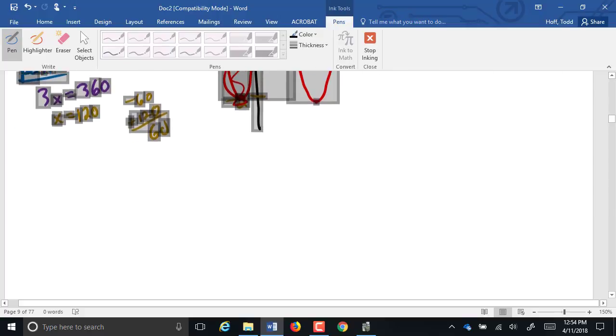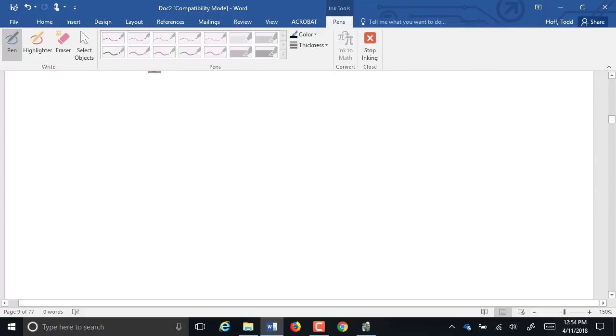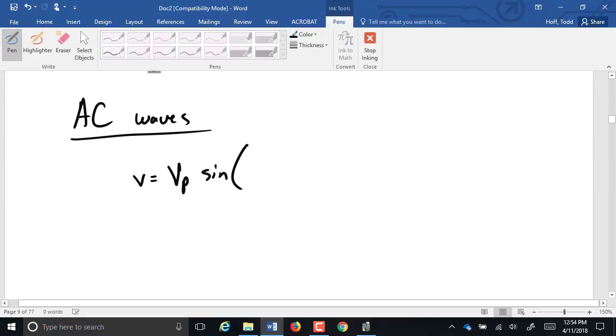Okay. So we can have phase shift in our AC waves. So we might have our voltage is equal to our peak voltage times the sine of 2 pi ft plus pi over 4.